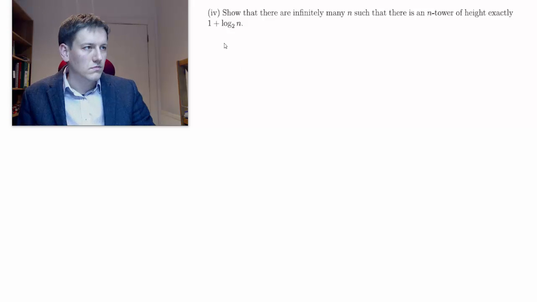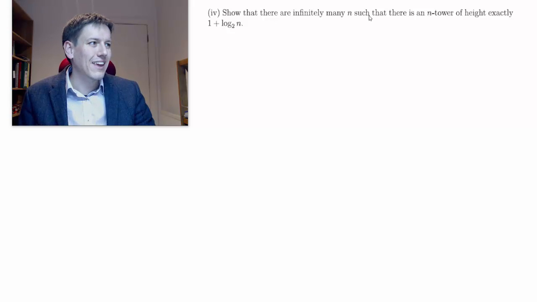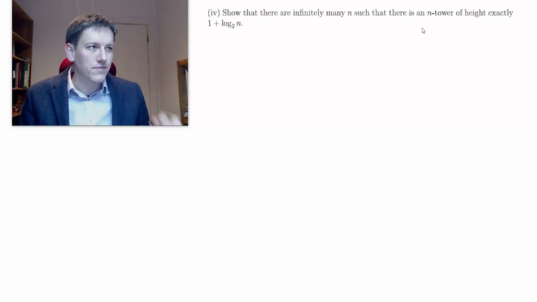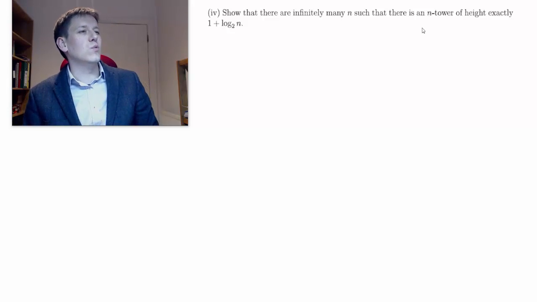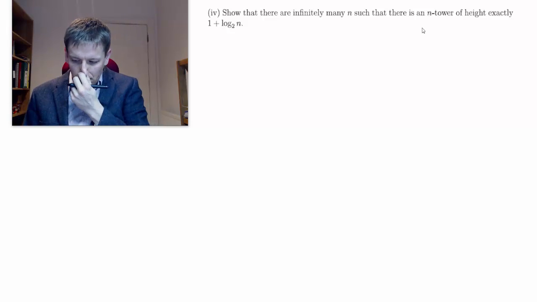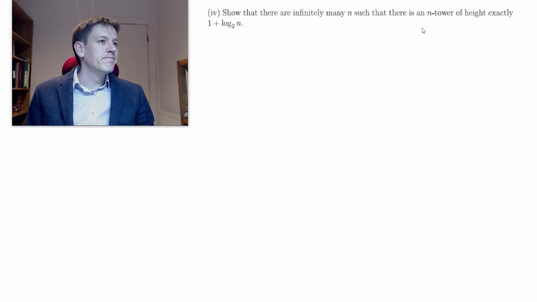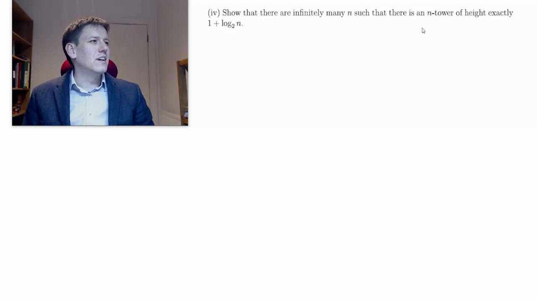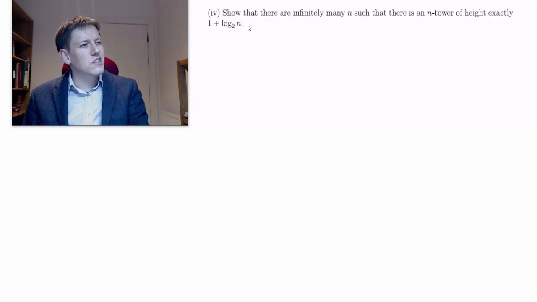Part 4. It says, show that there are infinitely many n such that there is an n tower of height exactly 1 plus log to the base 2 of n. Now, this might take a little bit of thought. I've got log to the base 2 of n, so I'm in the mindset of powers of 2.